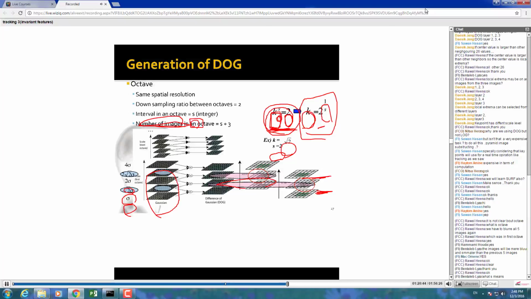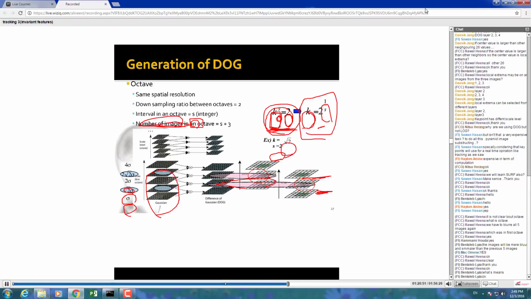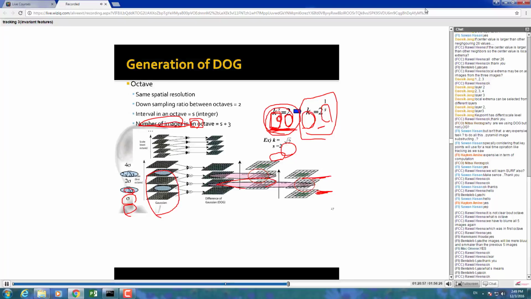From 5, we can have 2 layers. These 2 layers are considered the interval of this octave, so it determines the number S. Is it clear now?